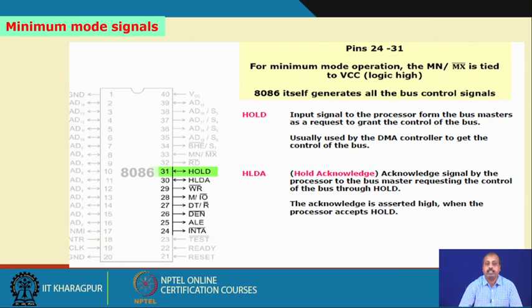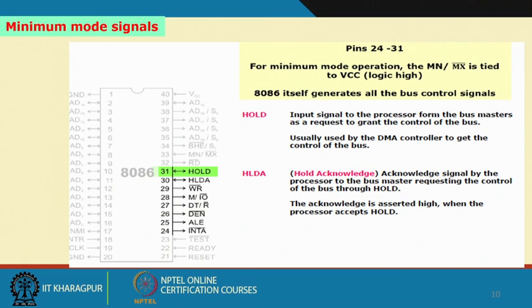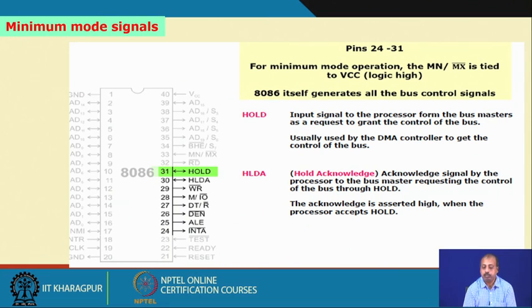They can tell the 8086 processor to hold, so that it releases the address and data bus controls, and those devices can take control of the address and data bus and do the operation. And there is hold acknowledge, which is an acknowledgement signal.